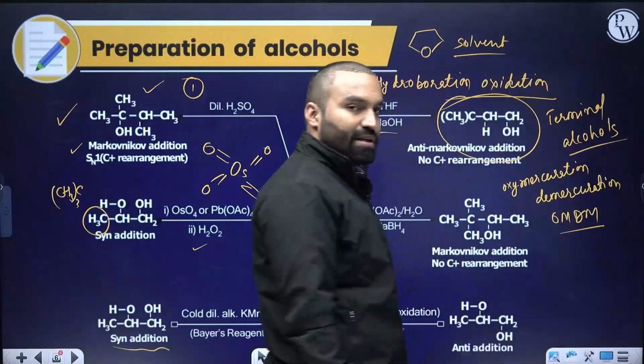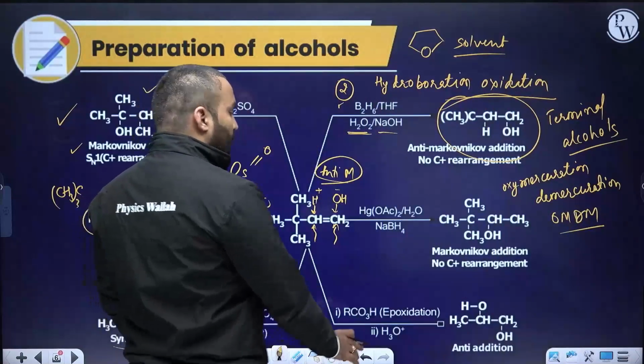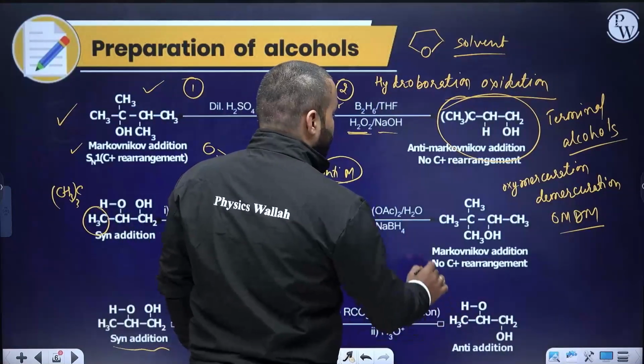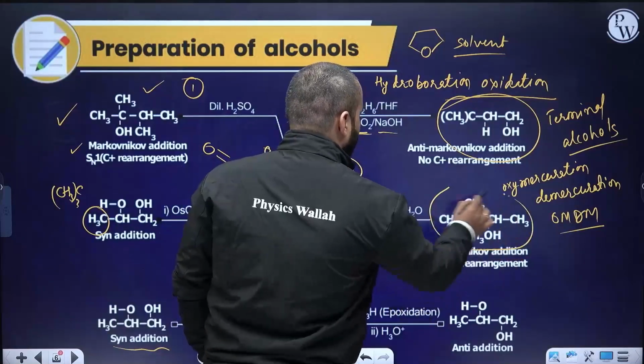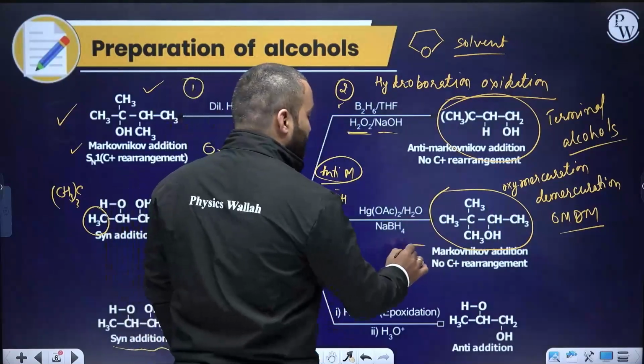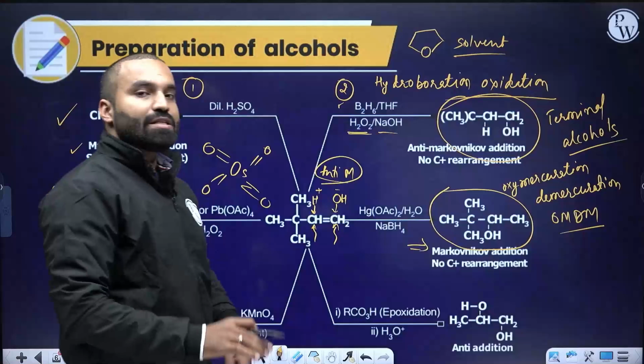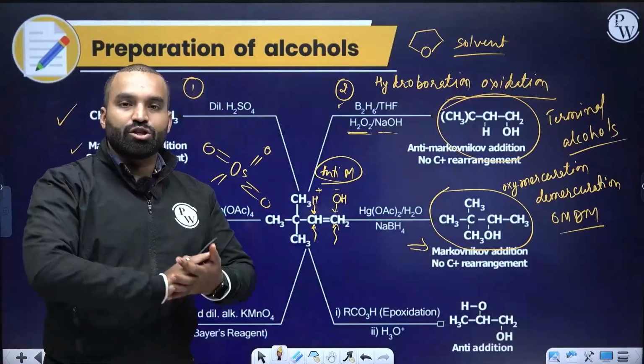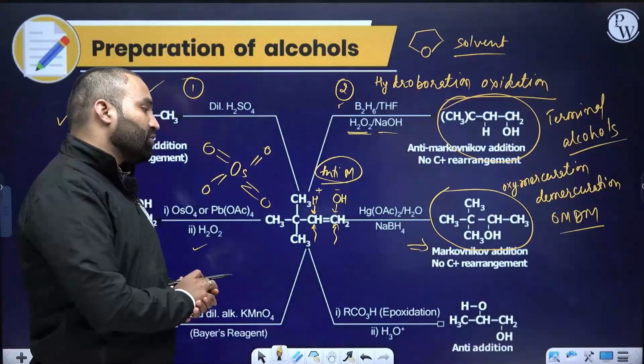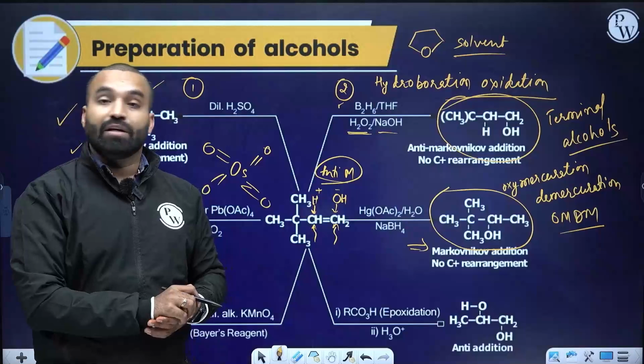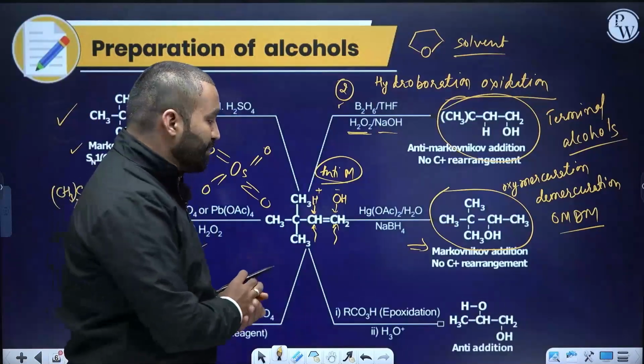Very important once again. You can directly go by the definition. Here, only in this particular reaction, you can just go by the definition of Markovnikov rule. Hence, there is no carbocation generation. There is no trouble of any sort of carbocation rearrangement. Done? Sure, everybody?